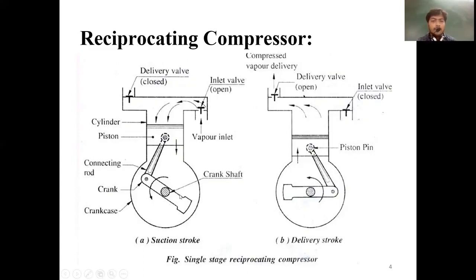This is the layout diagram. This is a crankcase, this is a connecting rod, and the outer body is the cylinder. This is a piston, this is a delivery valve, and this is an inlet.